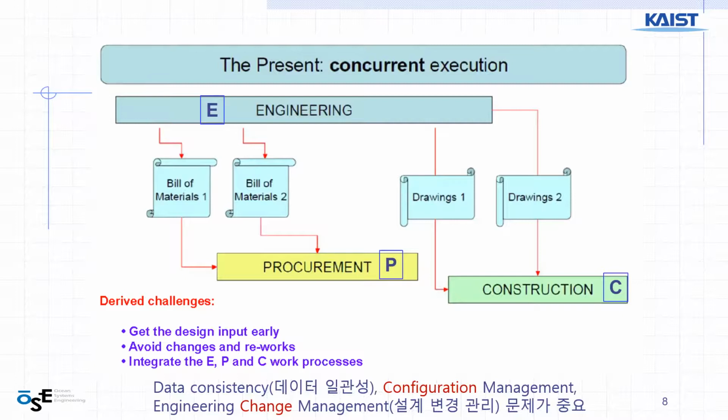So at the bottom, they are saying data consistency, configuration management, and engineering change management are necessary for concurrent engineering.